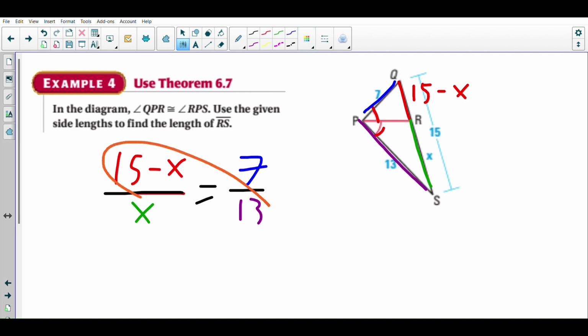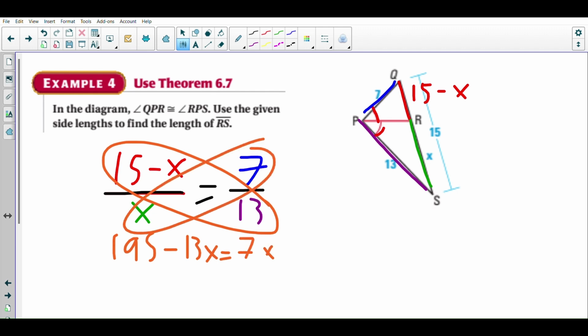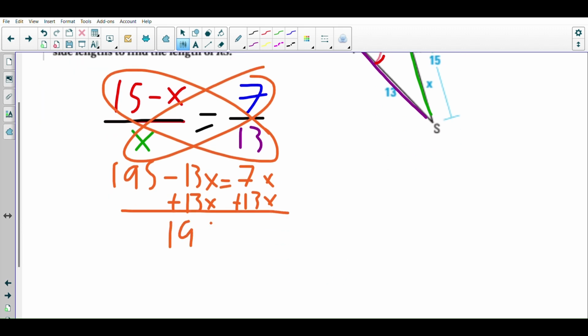We cross multiply. 13 times 15 minus x gives 195 minus 13x, equal to 7x. Then we add 13x to both sides, so 195 equals 20x.